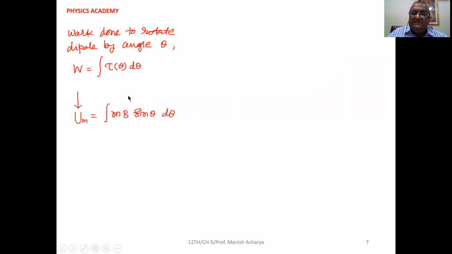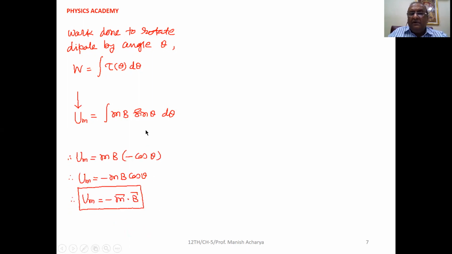But tau is MB sine theta, so integration MB sine theta d theta. And this work done will be stored in the form of potential energy.